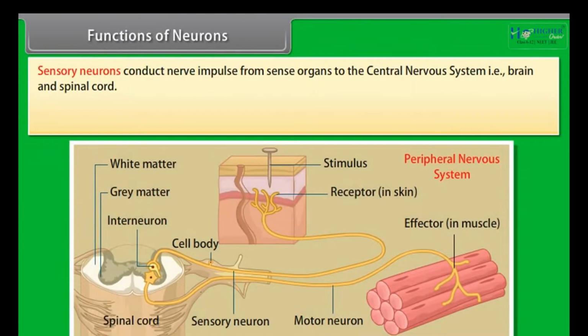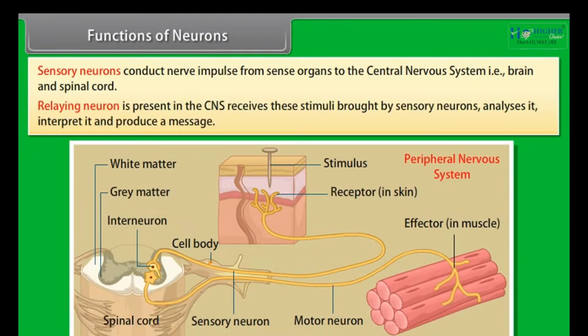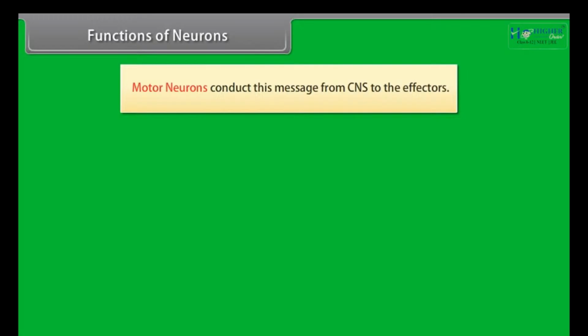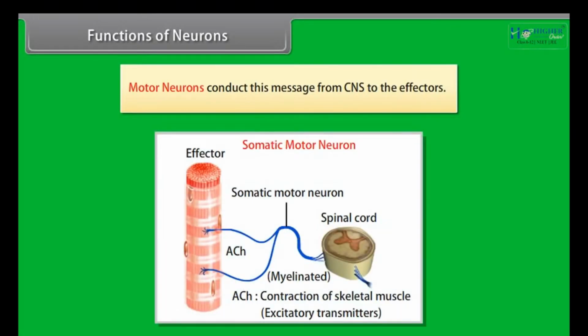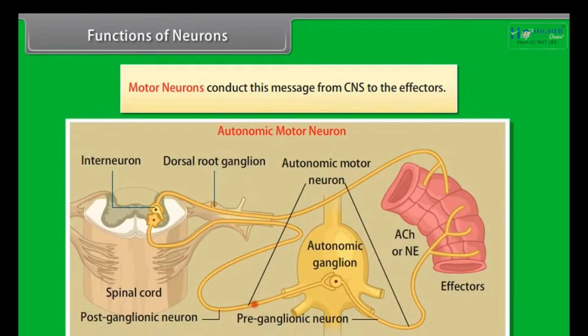Sensory neurons conduct nerve impulses from sense organs to the central nervous system, that is, brain and spinal cord. Relaying neurons present in the CNS receive these stimuli brought by sensory neurons, analyze and interpret them, and produce a message. Motor neurons conduct this message from CNS to the effectors.